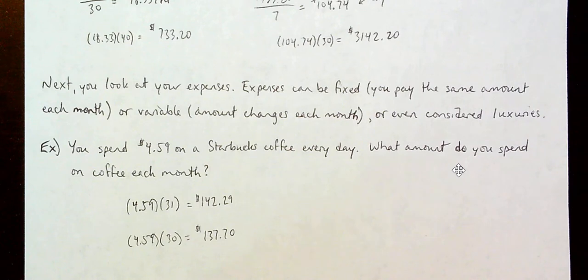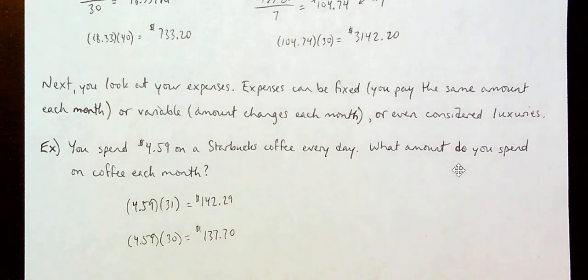Let's face it, there's probably been a time or two where we got a slightly larger coffee or we got something else with it, and we spent a little bit more than just what we did for coffee. And then you look at these calculations and you say, oh God, I spent that much on coffee, holy cow.